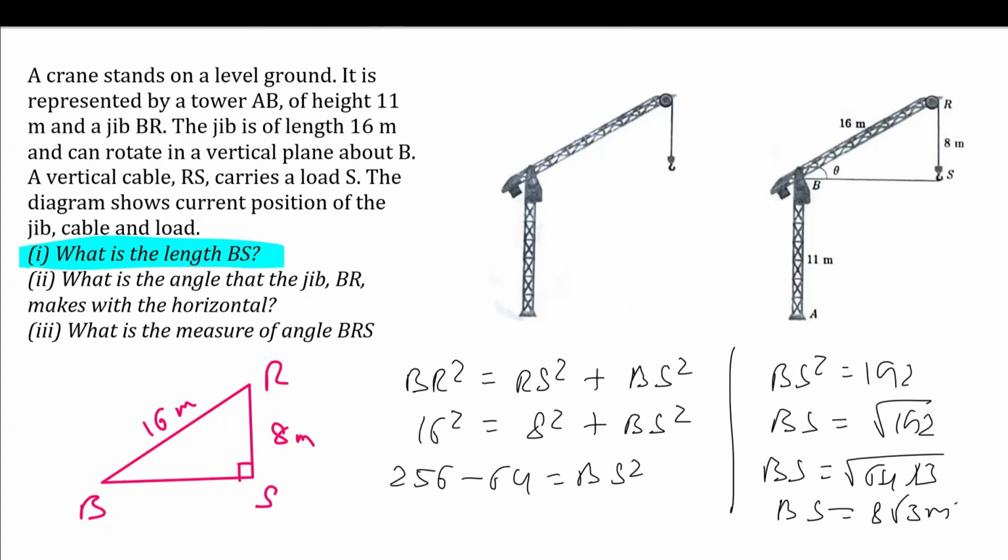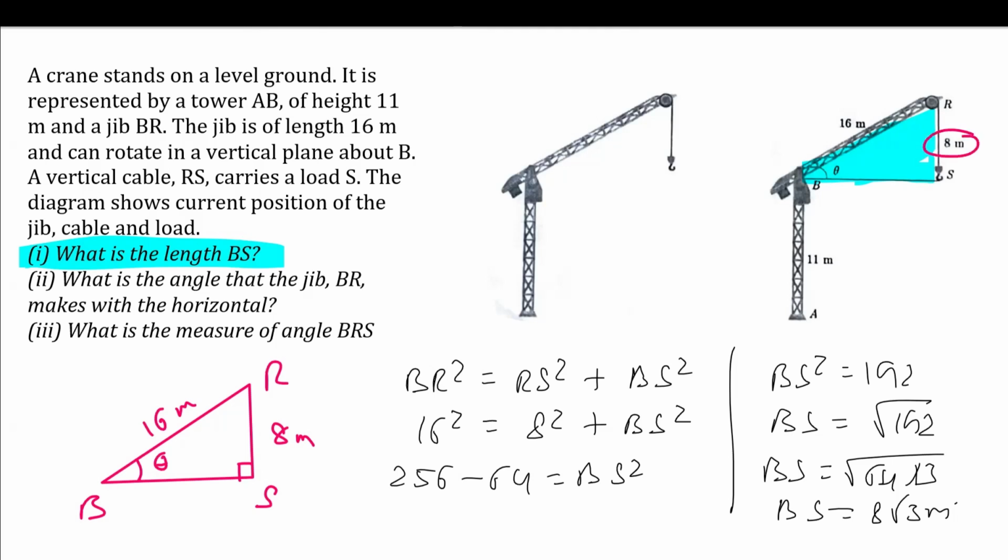Now next what we have to get is the angle that the jib BR makes with the horizontal. This angle is what we have to get. So consider this right angle triangle, the same figure, with angle theta.